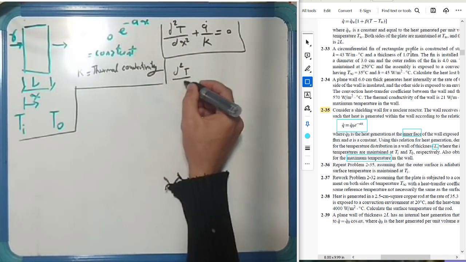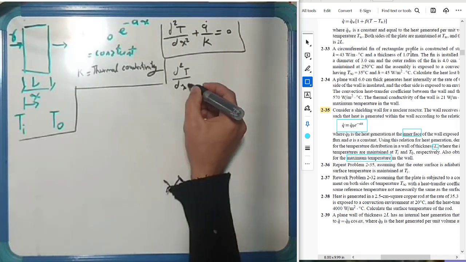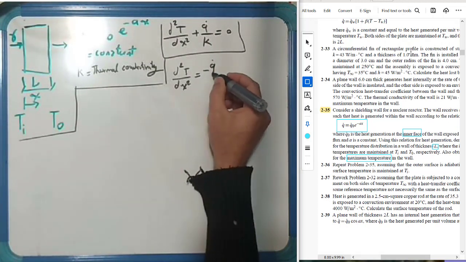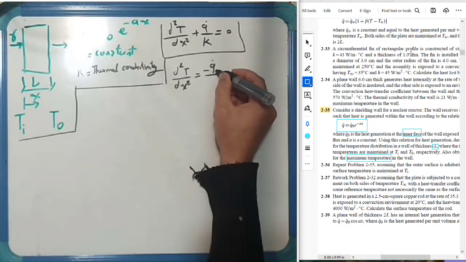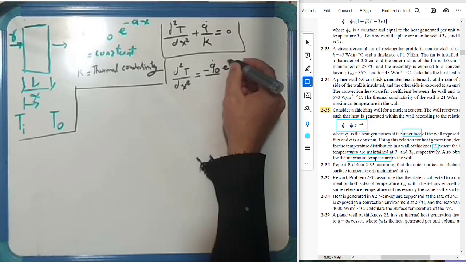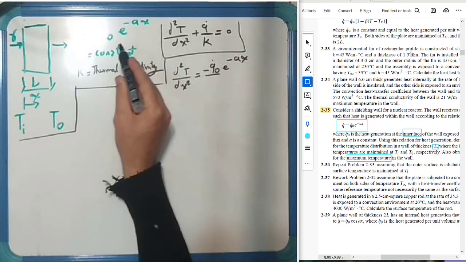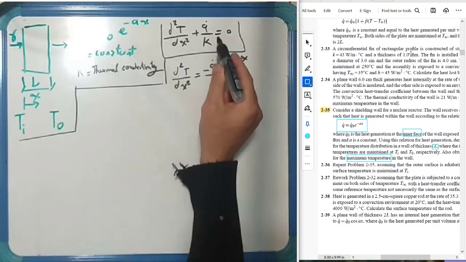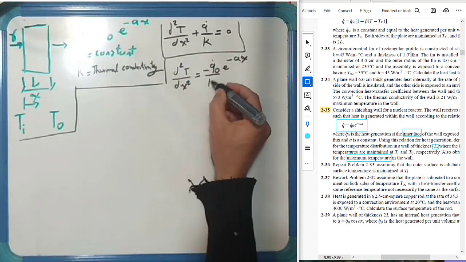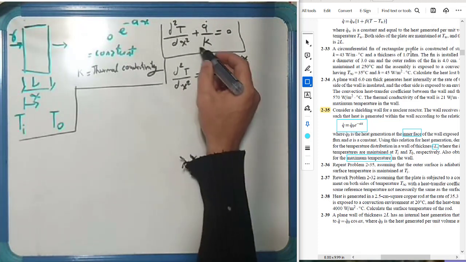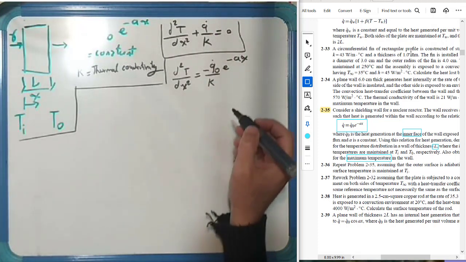d squared T over dx squared equals minus Q dot naught over k e to the power minus a x. I put this equation in place of Q dot divided by k, and this negative is because this term goes to the right of the equation.